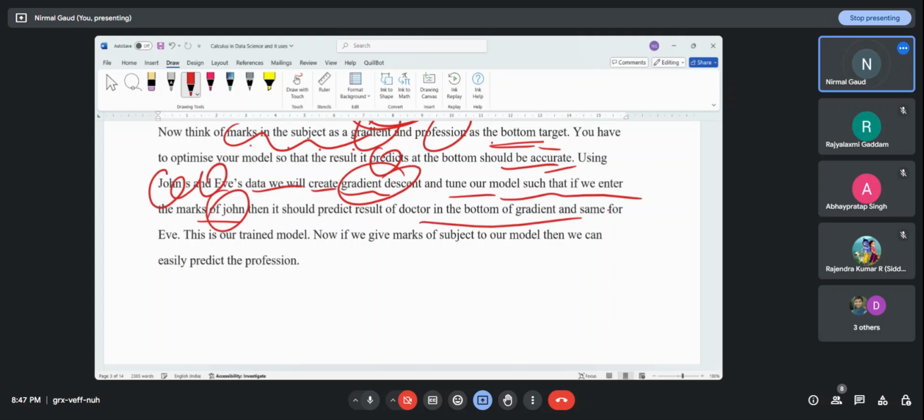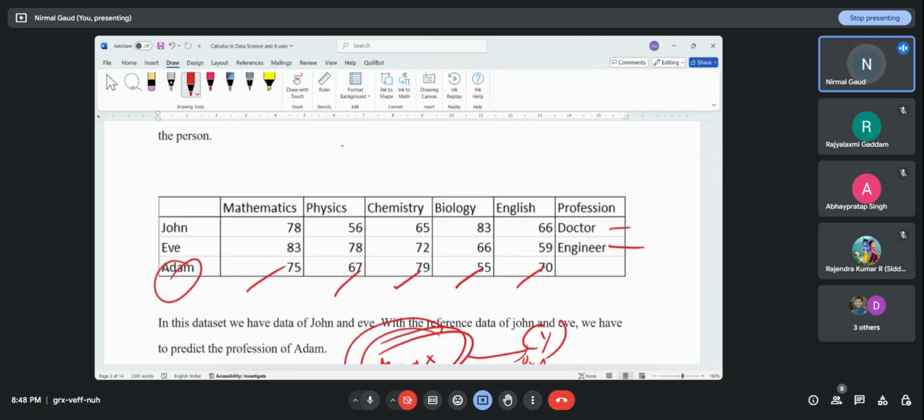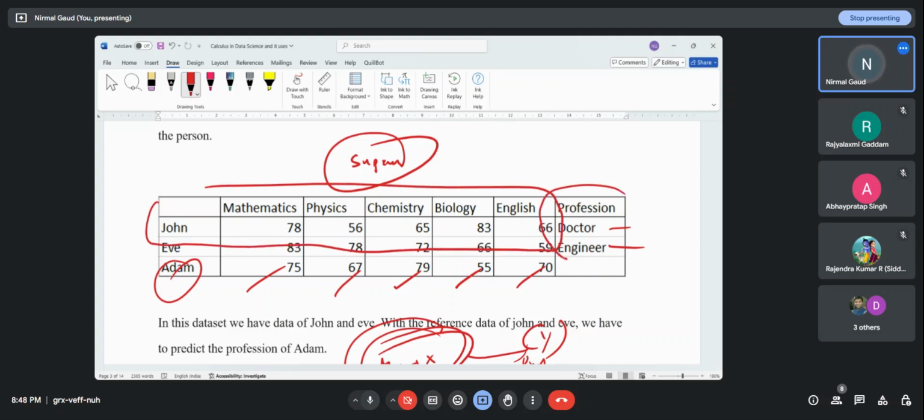This is a kind of supervised learning that I will teach ahead. Supervised means you have data along with the target. We train our model on the basis of these two. Later, once your model is trained, you fill in the values and get the result.